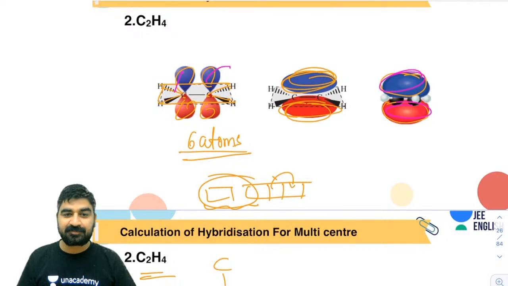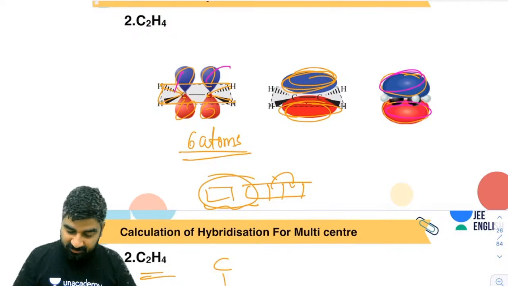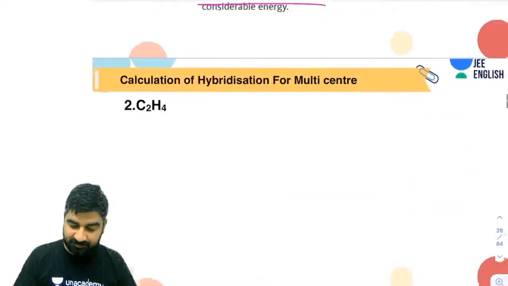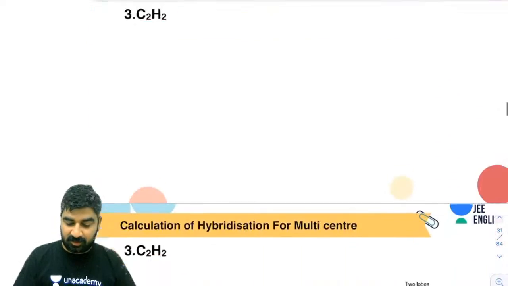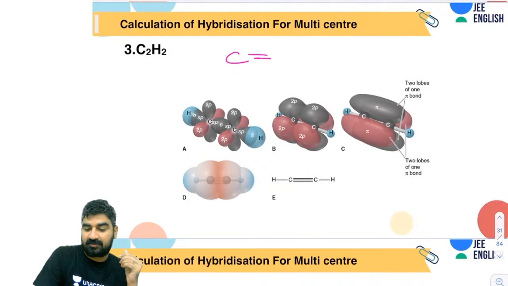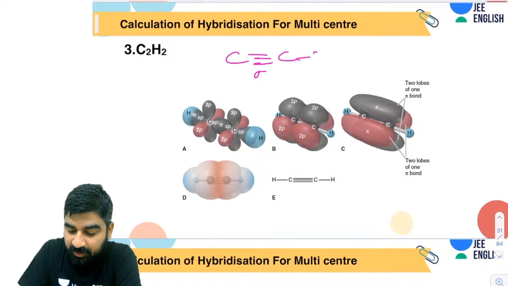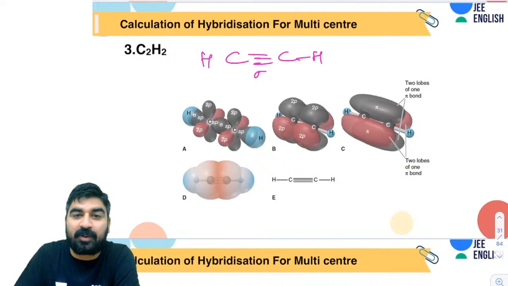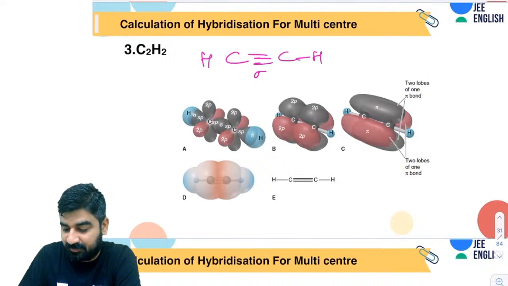Done? So now C2H4 is done. Now let's move to C2H2. In C2H2, guys, we have one sigma bond and two pi bonds. The two pi bonds will be at 90 degrees to each other, right?